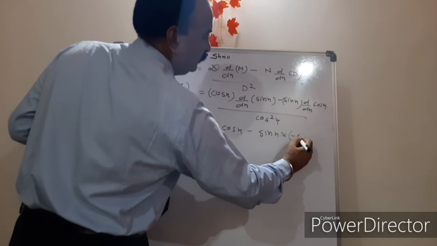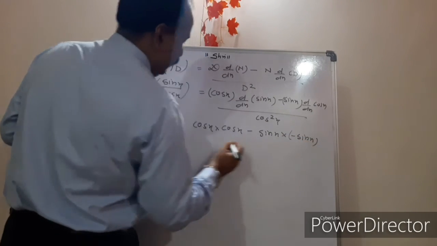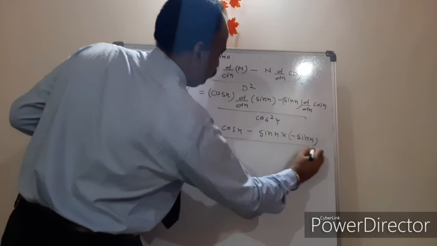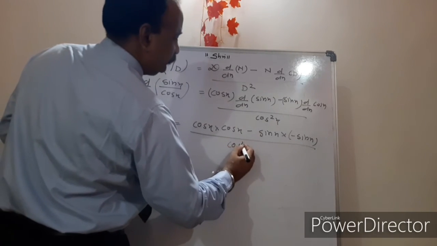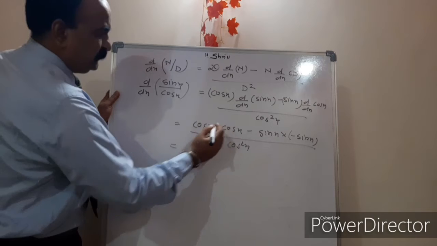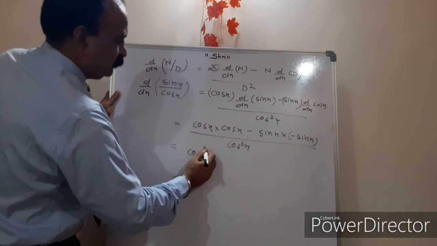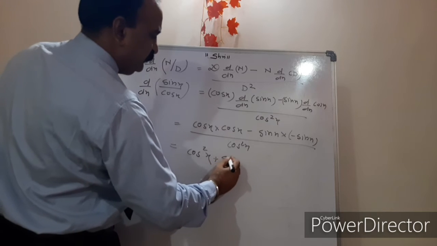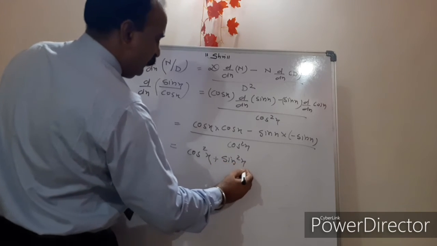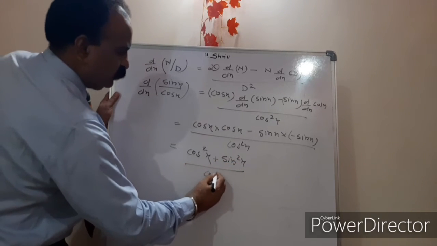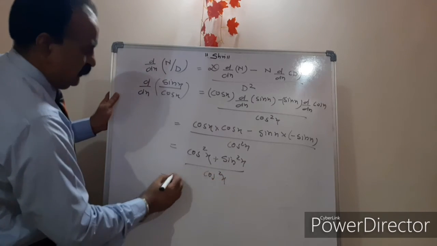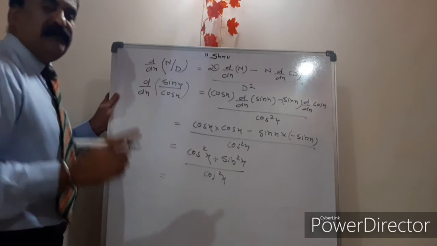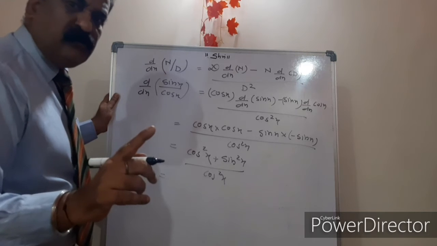You can write in the bracket minus sin x upon cos square x. Cos x into cos x is cos square x, and minus minus becomes plus sin square x upon cos square x. And cos square theta plus sin square theta is equal to 1.